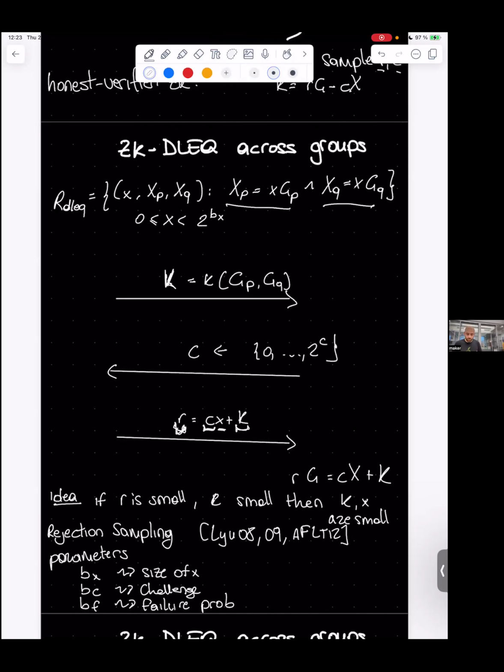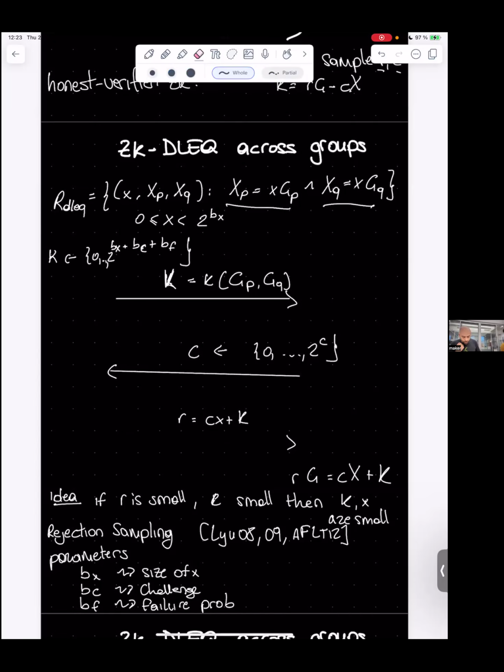In particular, soundness will have an error that depends on 2 to the C. K, instead of sampling it uniformly random, we will sample it from 0 to 2 to the number of bits of X plus the bits of the challenge, oops, plus the bits of the failure probability. So let me show you what's happening here.